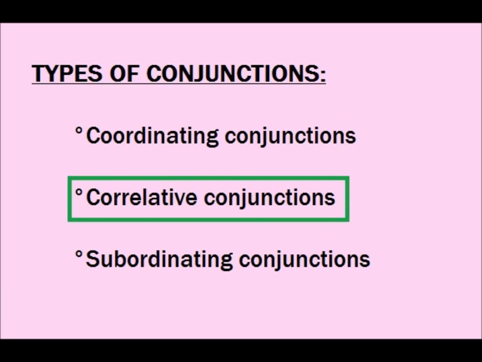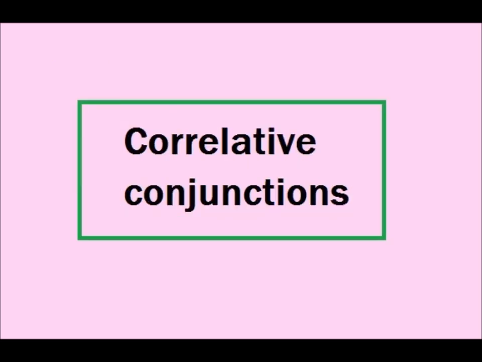Now we're going to move to correlative conjunctions. What are correlative conjunctions? The same ordinary conjunctions, coordinating conjunctions, but with an element added before.